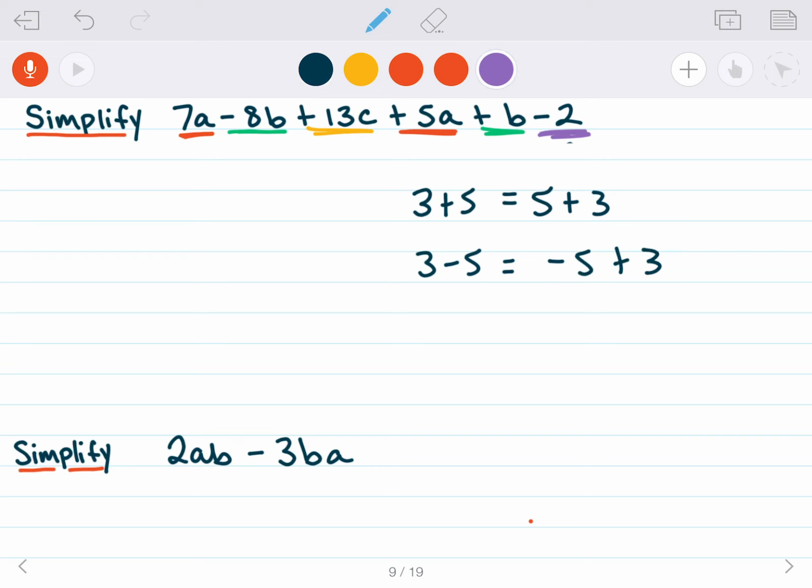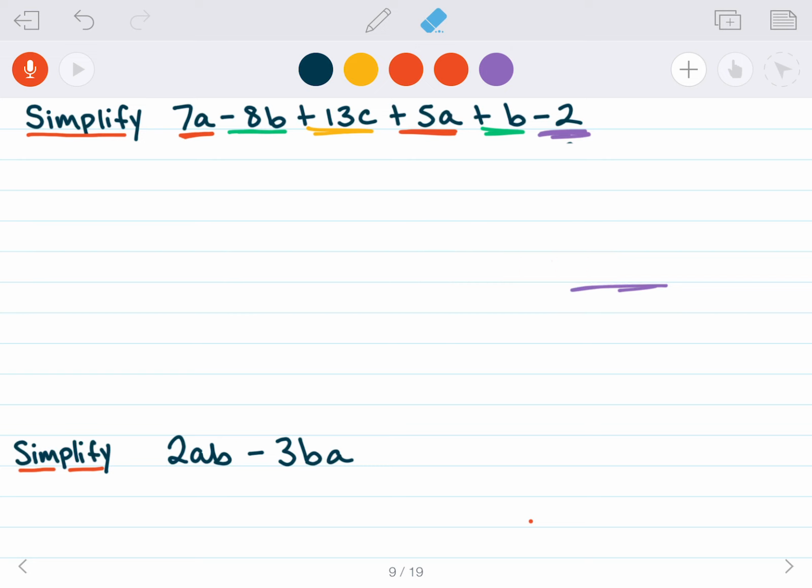Do you see what I mean? So what we call it is the commutative property of addition, means that we can rearrange the order here. So 3 plus 5 equals 5 plus 3, and 3 minus 5, remember this has a positive understood in front of it, is the same thing as negative 5 plus 3. We're literally just switching the order around.